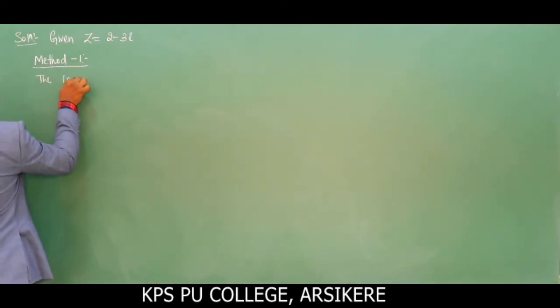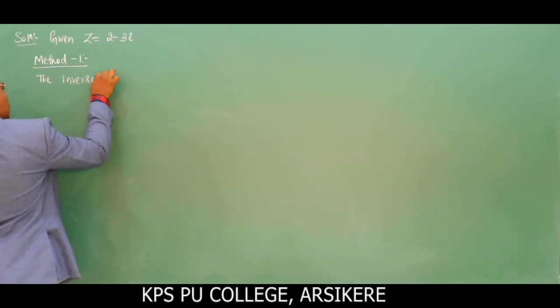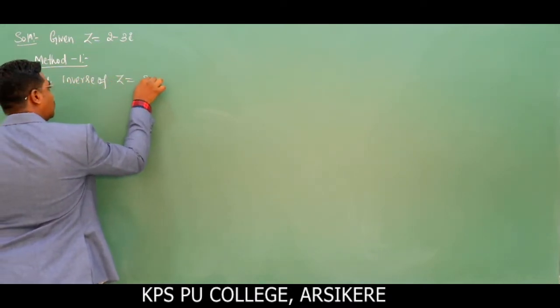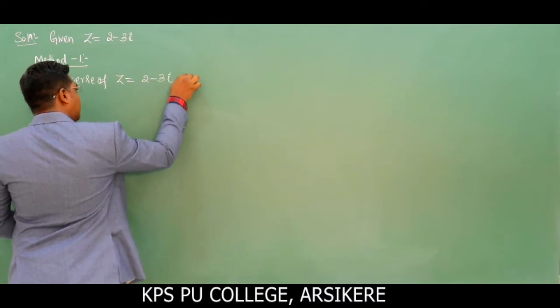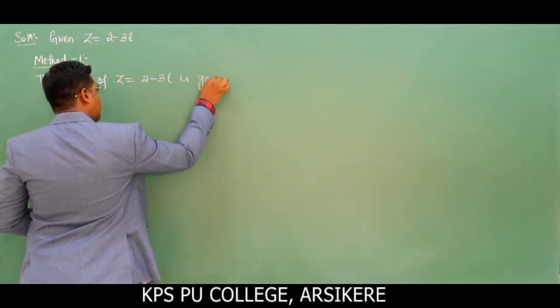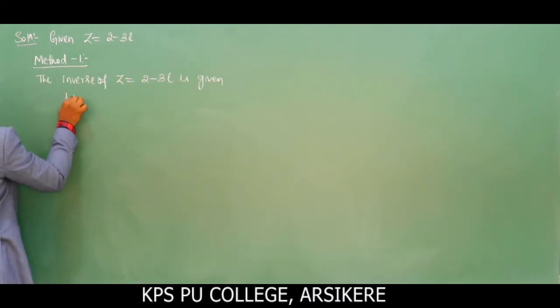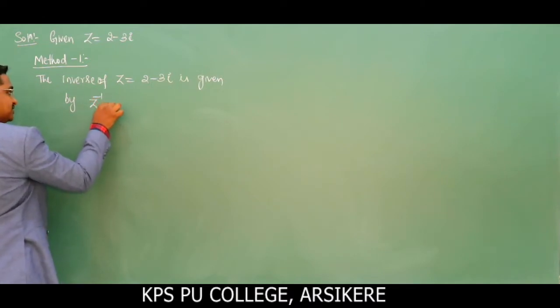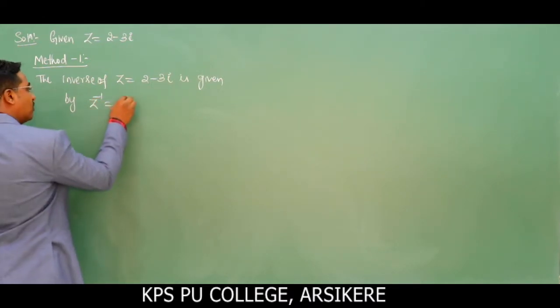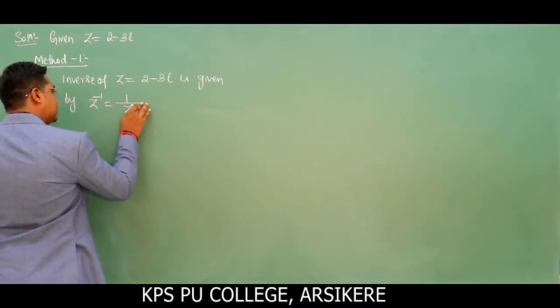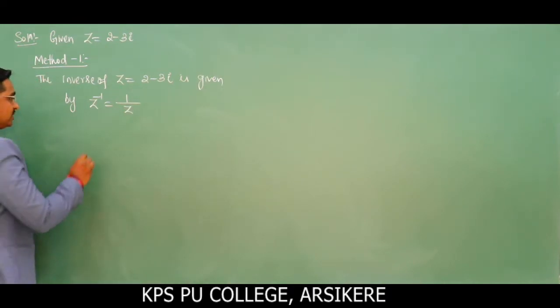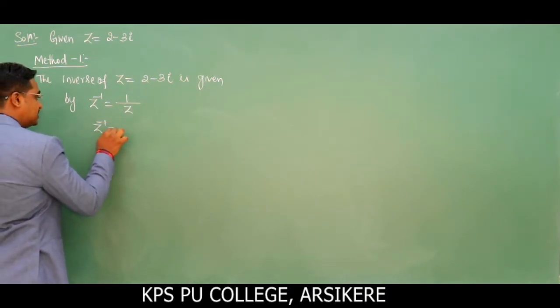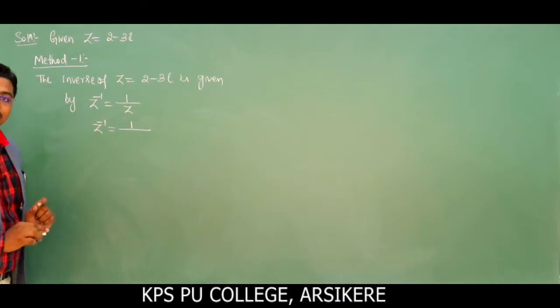The inverse of z equal to 2 minus 3i is given by z inverse is equal to 1 divided by z. Now tell me what is the z here?